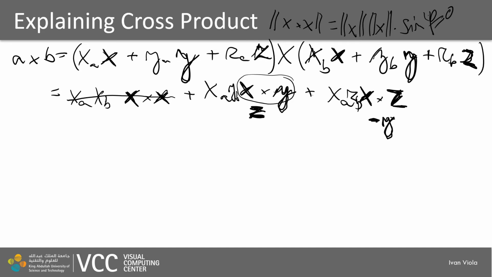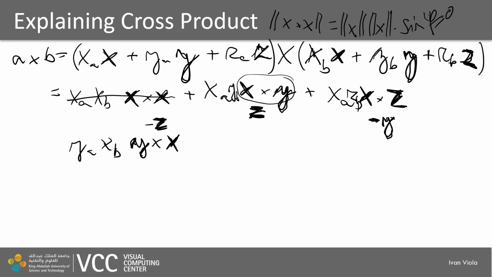So we have now performed some of these multiplications, and we continue with this term now. YA XB, Y cross product with X. Y cross product with X is minus Z.